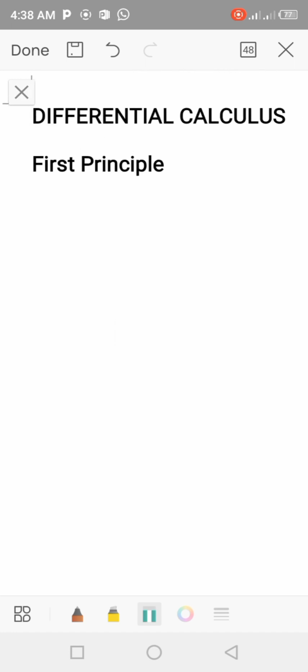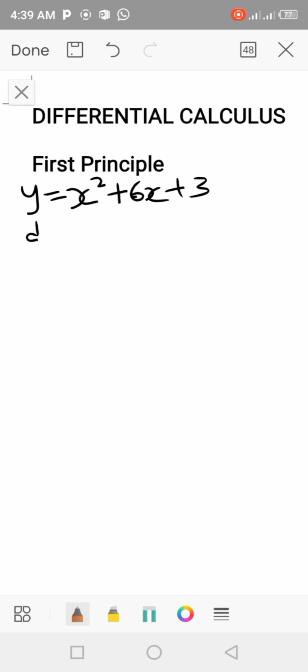Now let's say y is equal to x squared plus 6x plus 3. So to differentiate this, we want to find the dy dx. So what is it?